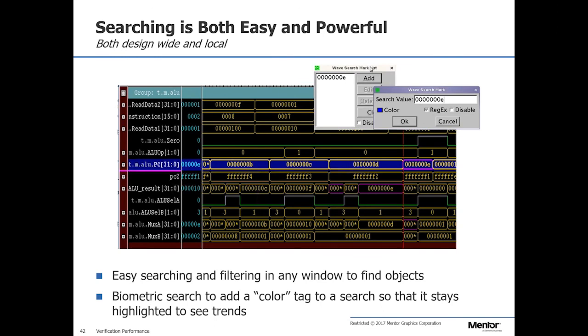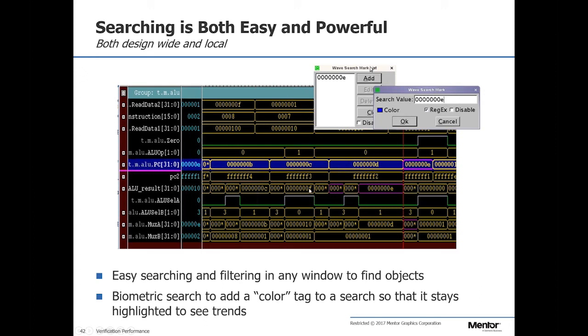There's this thing called biometric searches, which is especially good if you're looking for certain values. Say you have a data path and you want to trace some value that came in. You say, okay, this data path came in as 0EEE.